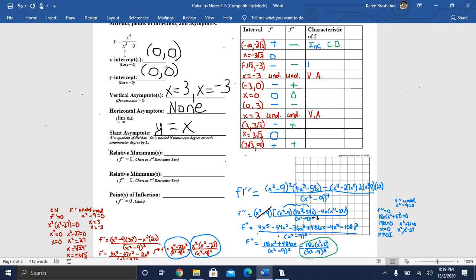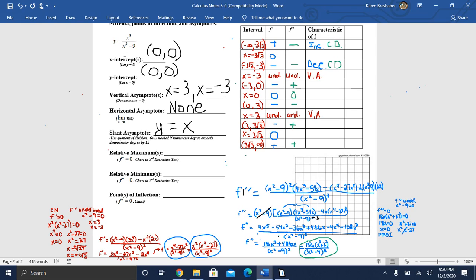It's negative for f prime. So that means that we have a decreasing graph. And that will have a negative second derivative, so remaining concave down.